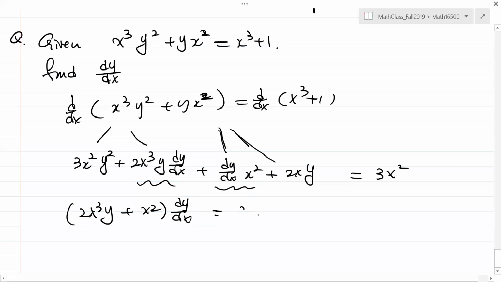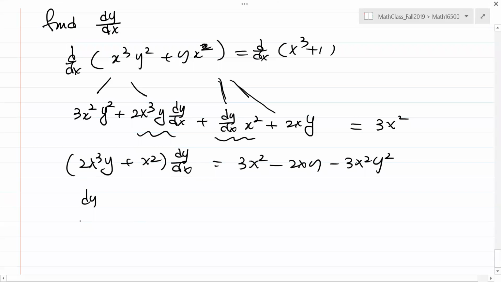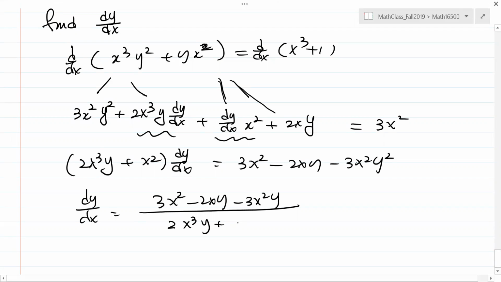And then you have 3x squared minus 2xy minus 3x squared y squared. Move all the other terms to the right hand side. Then finally you solve for dy/dx.